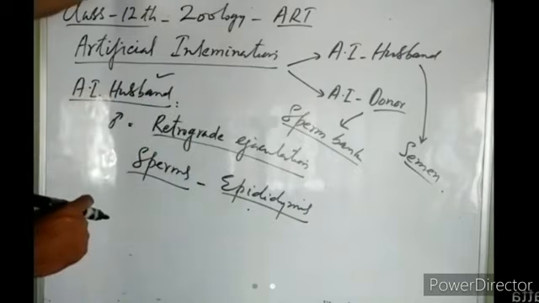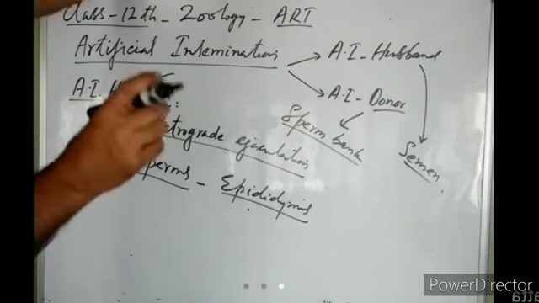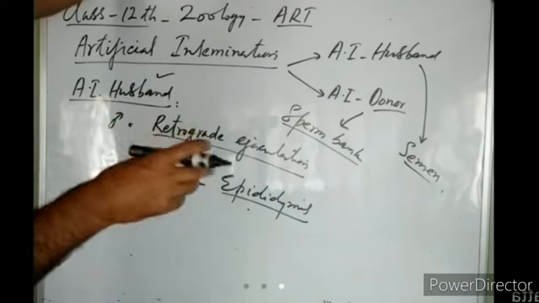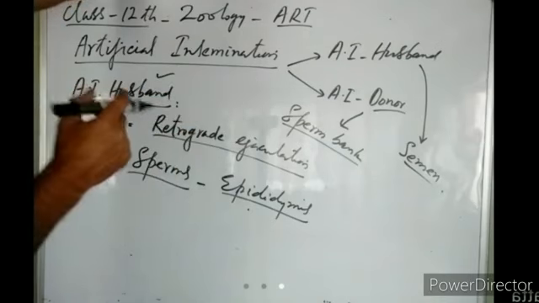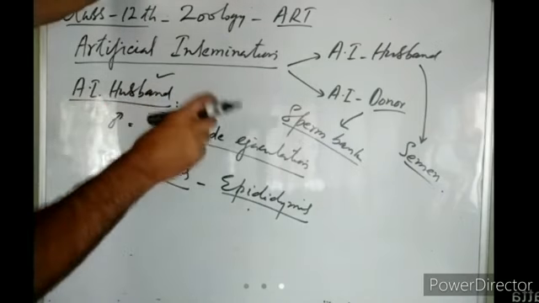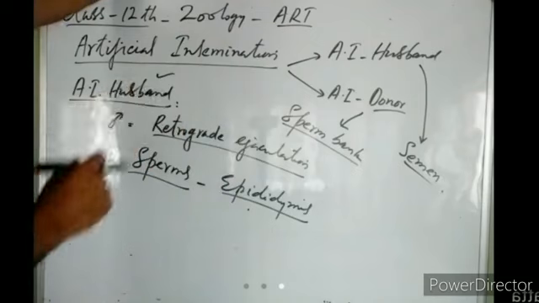You know, the epididymis is the site where the sperms are stored, right? If the male is suffering from retrograde ejaculation, an incision is made in the scrotal sac into the epididymis, and from the epididymis, the sperms are obtained. Then these sperms are artificially introduced into the vagina or into the uterus of the female partner, right?